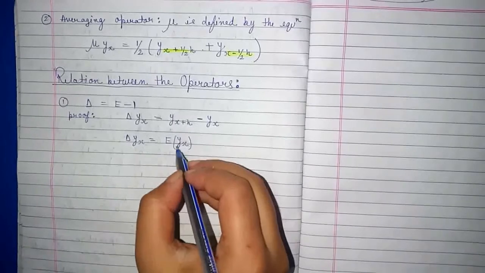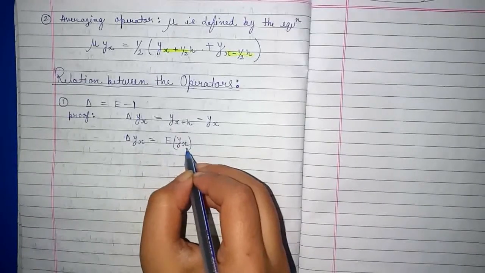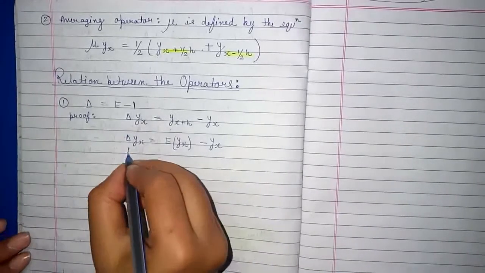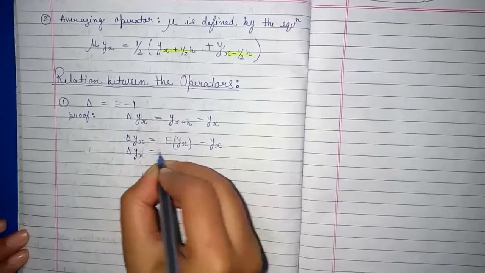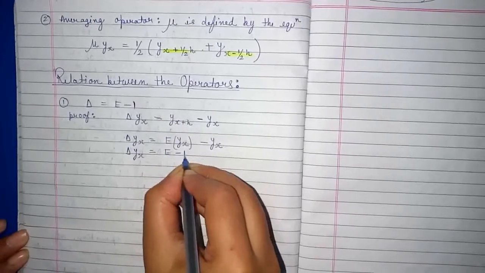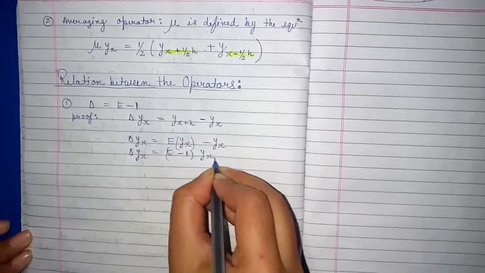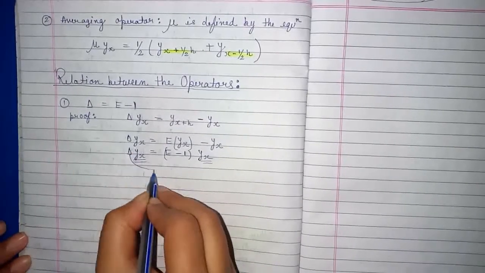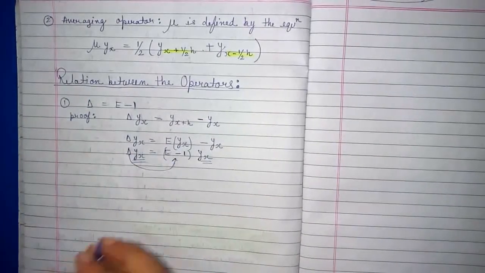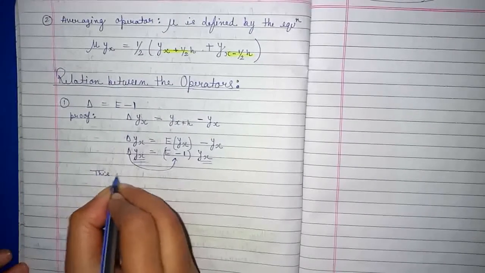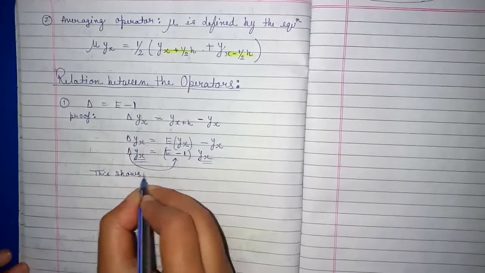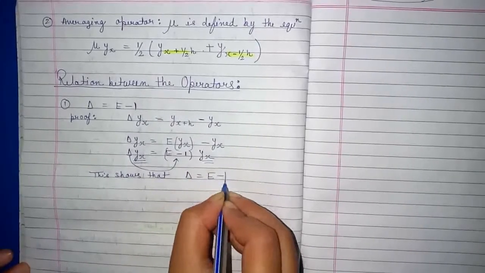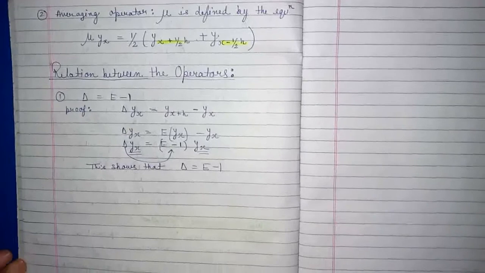So we write E y x minus y x. If you take y x common, we get E minus 1 times y x, and the forward operator is equal to this. This shows that the forward operator is equal to E minus 1. This is the first proof.